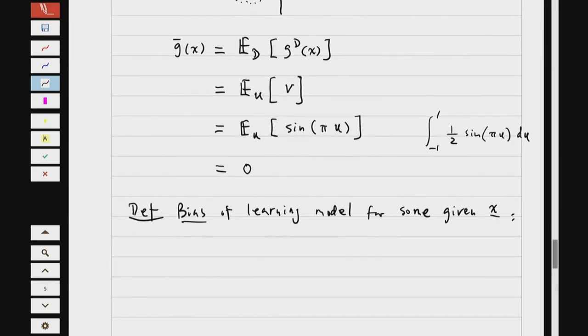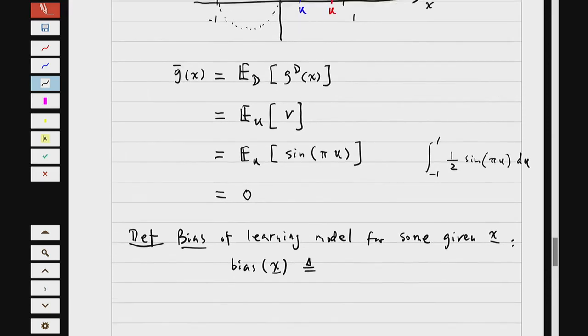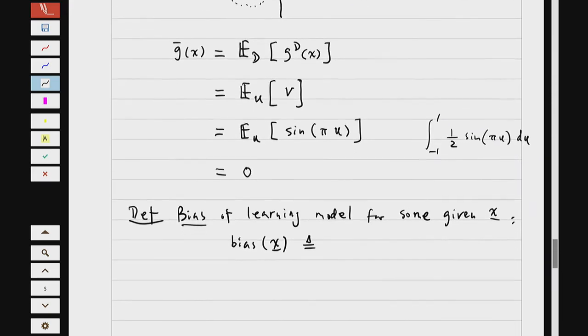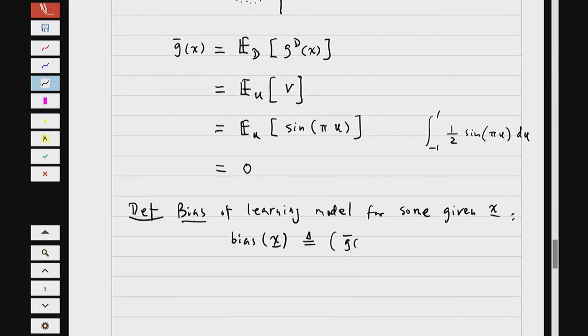We denote it by bias of x, like that. It's simply how far away this average hypothesis is from the true target function. We look at the squared distance, because this is regression.